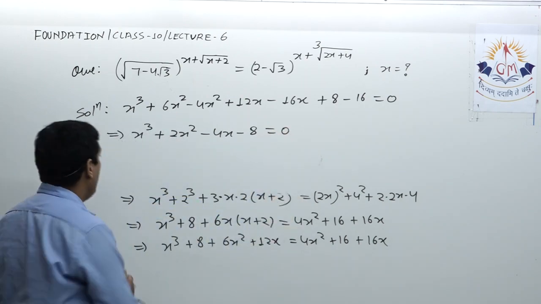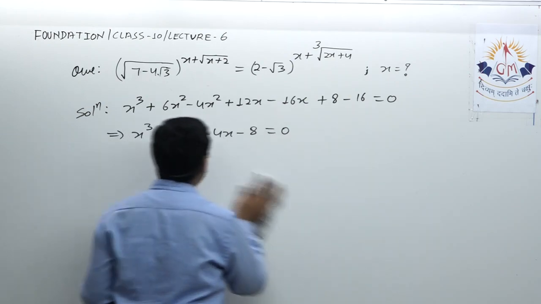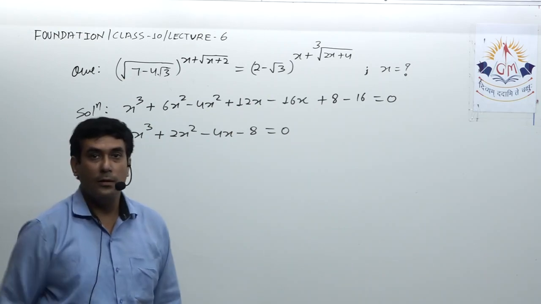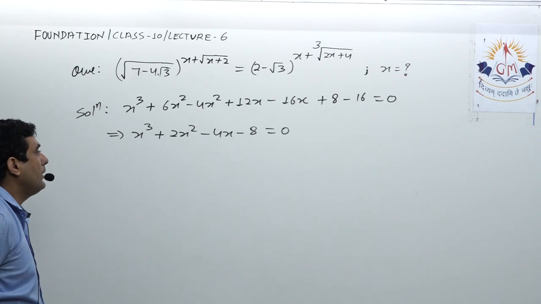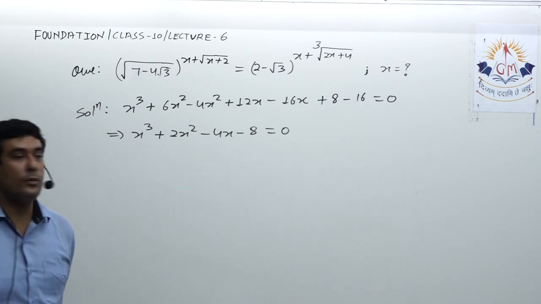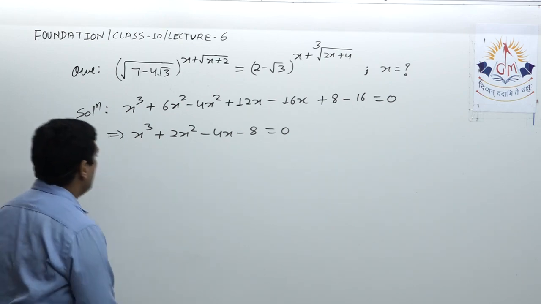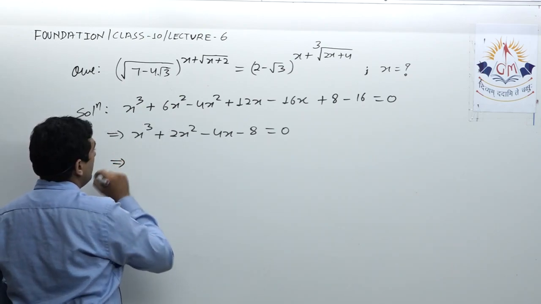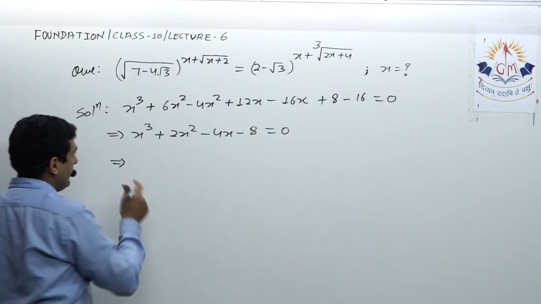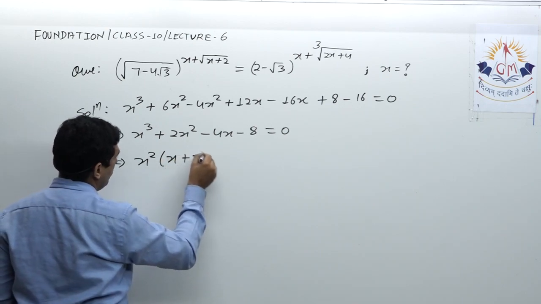So now we came at the point where we need to factorize this cubic polynomial x cube plus 2x square minus 4x minus 8 equal to 0 to get the value of x. There are many ways to factorize this polynomial, but here if I take common from the first two, I can take x square common, so here x plus 2.